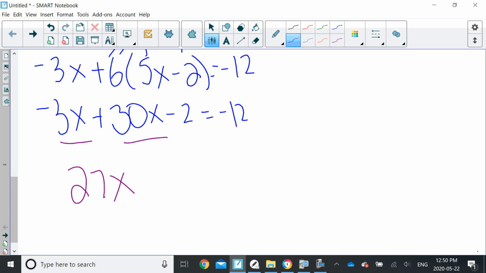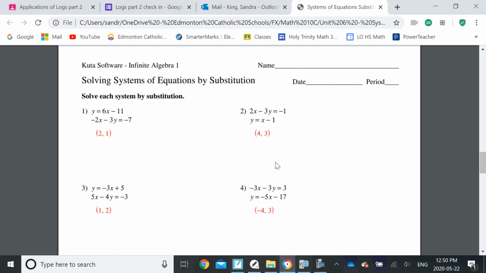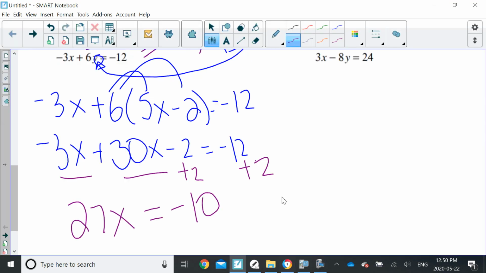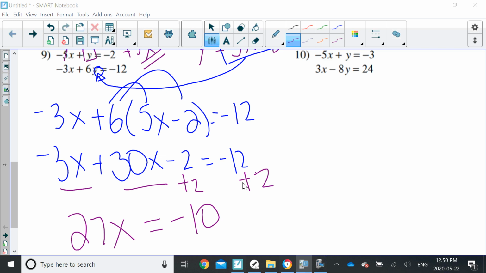And I'm going to add the 2. So negative 27x is equal to negative 10. And I feel like I made a mistake, because that would give me a fraction, and I don't think I have a fraction. What question is this? 9.